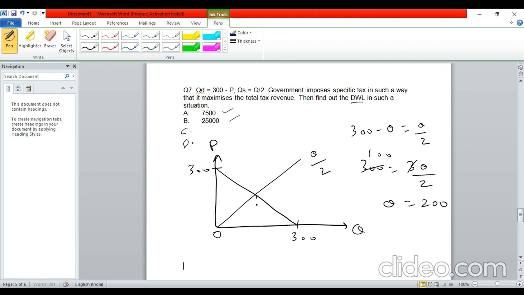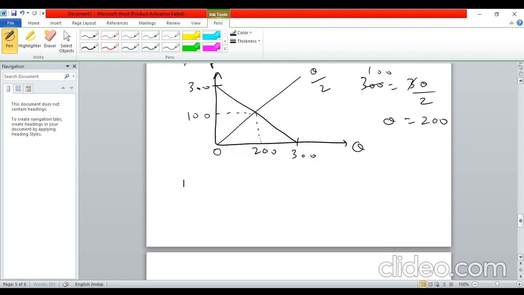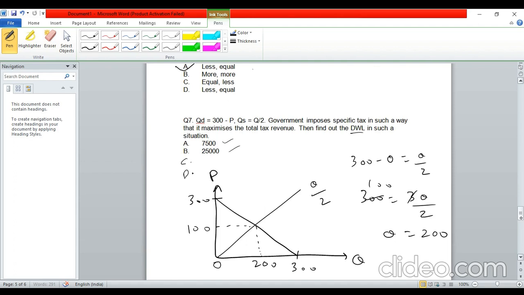So now we know that this quantity is 200. And if you want to find out, you can find out the price as well. If q is 200, you put it in the demand equation, so you will get price as 100. Now let us assume that the government imposes a tax of t. So just randomly assume the tax rate.